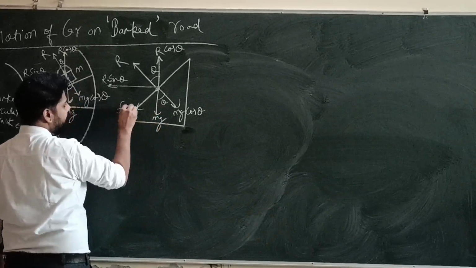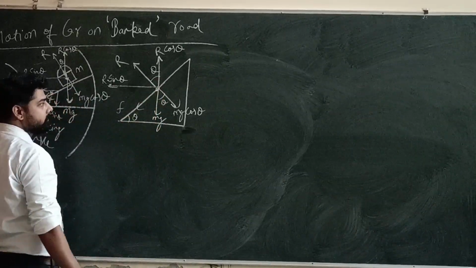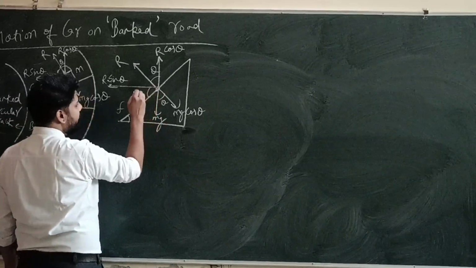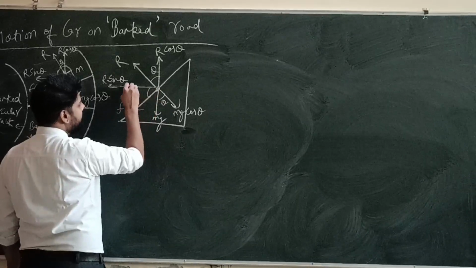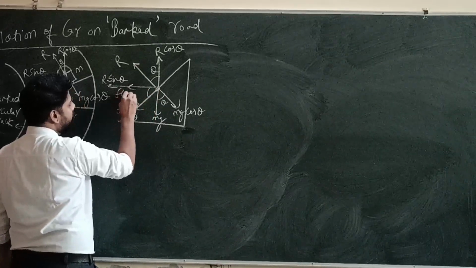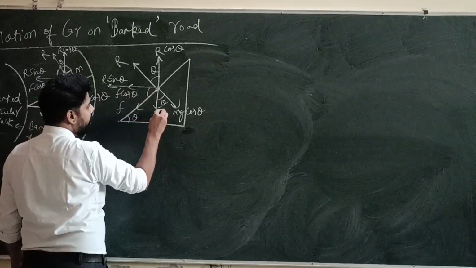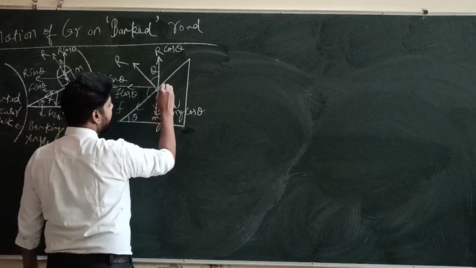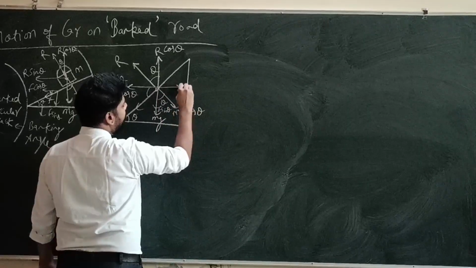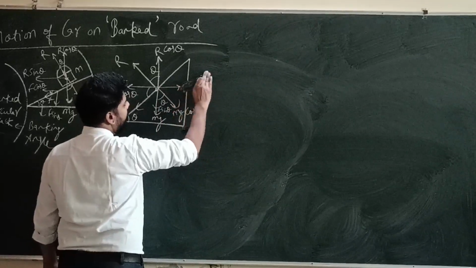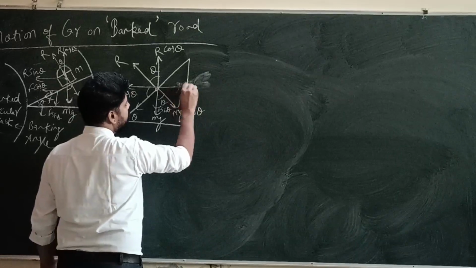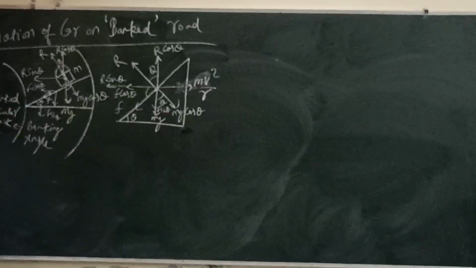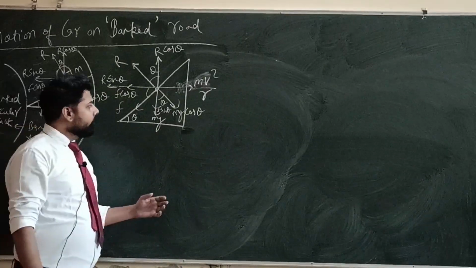The friction force is acting in this direction along the surface of the inclined plane, so again we will resolve it into rectangular components, f cos theta and f sin theta. One more force will also act, that is mv square upon r.